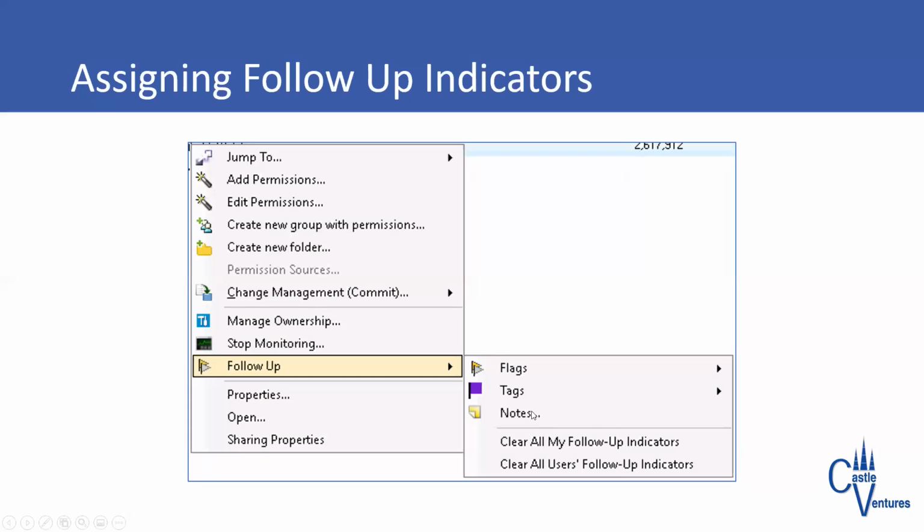Or one of the things that we like to use notes for is if we're assigning ownership to folders and we're doing our first pass, the analyst who's doing that work will put in a note saying, hey, I assigned Arthur Hedge as the owner of this folder because he's got permissions to this folder and he's the only one who's accessed it over the past 90 days, or whatever the case may be.